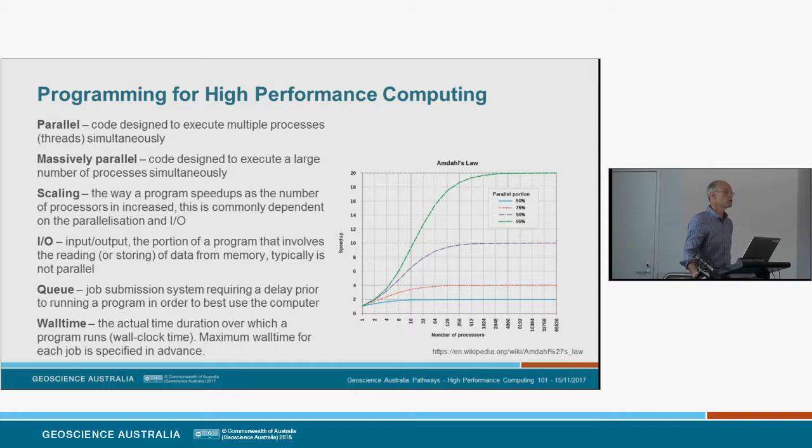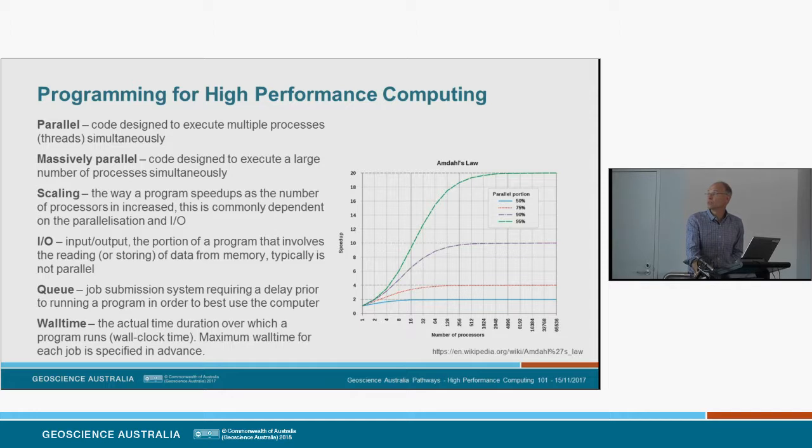This is a theoretical curve, and all it says is that if 50% of the program is parallel, then it speeds up as you increase the number of processors, but you get to a certain point where it's never going to speed up. So you can take this software over to a supercomputer, but there's no advantage to using more processors because it's still going to take the same amount of time to run.